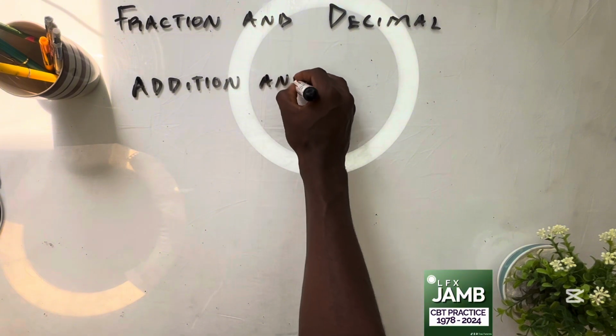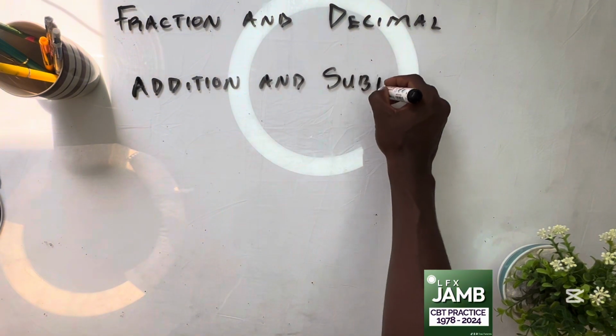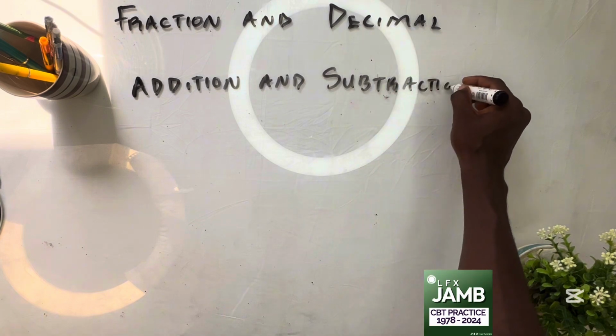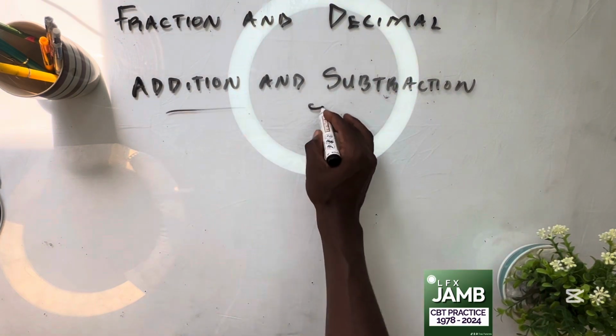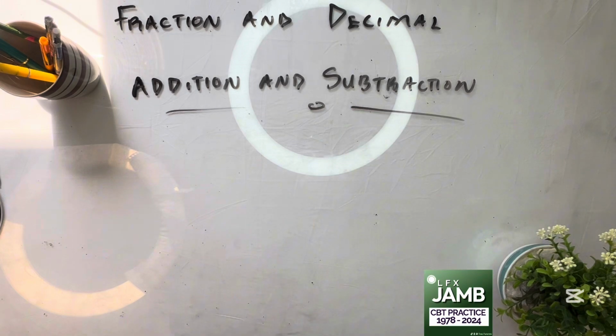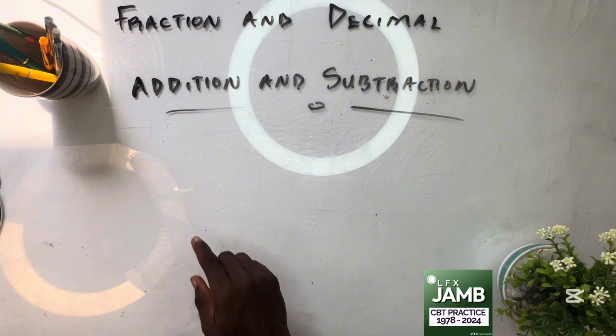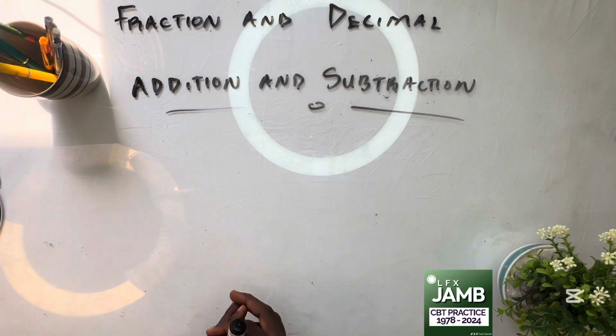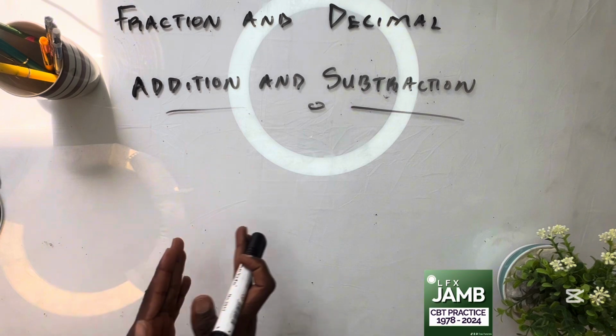Now, in the addition and subtraction of fraction, we make sure we consider the denominator. Make sure the denominators are the same before the operation can be carried out, because every fraction is distinct to itself, as every number is also distinct to itself.